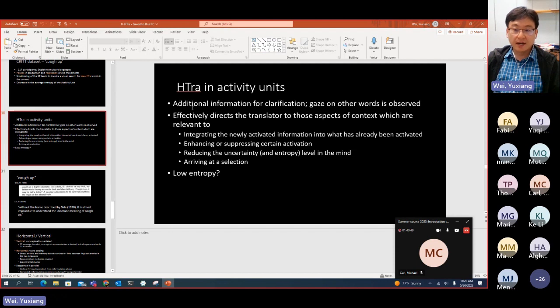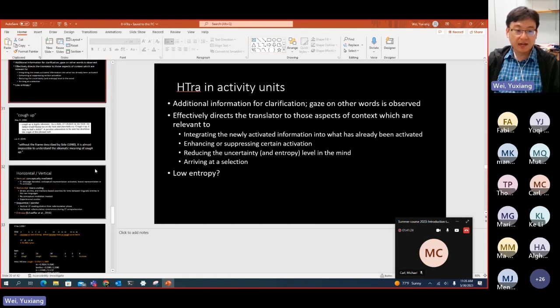It seems that the high entropy item effectively directs the translator to those aspects of the context which are relevant to integrating the newly activated information into what has already been activated, to enhancing or suppressing certain activations depending on the appropriateness for the context, and also reducing the uncertainty level in the mind to eventually arrive at a selection. As all these words correspond to lower entropy levels, we may also interpret that in relation to horizontal translation process.